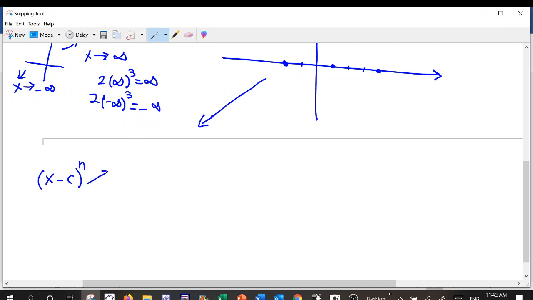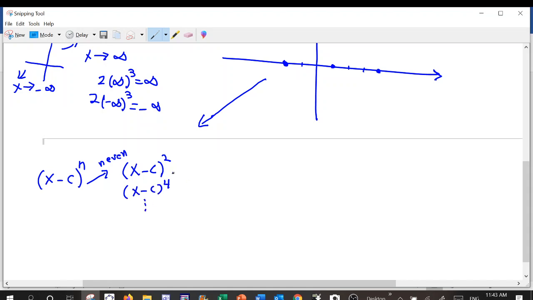If n is even, then we get something like x minus c to the second power, or maybe x minus c to the fourth power, and so forth.